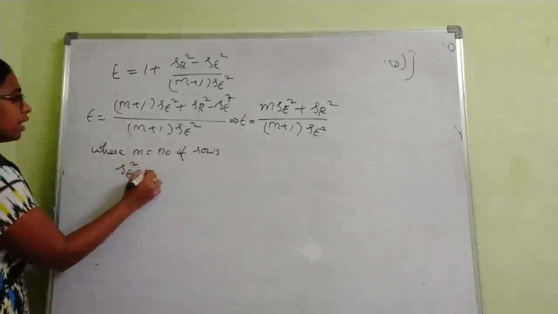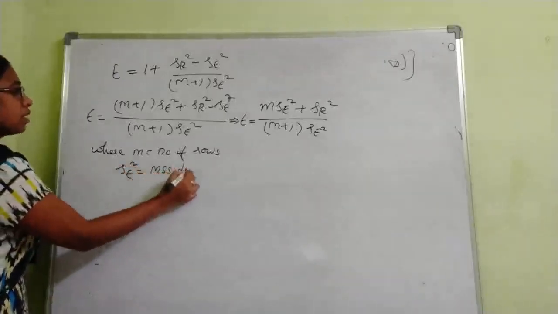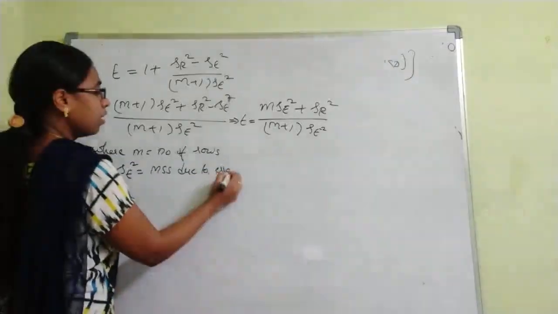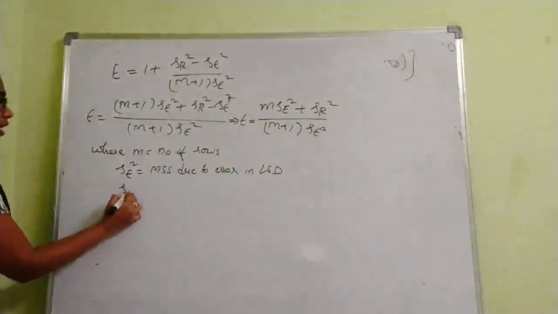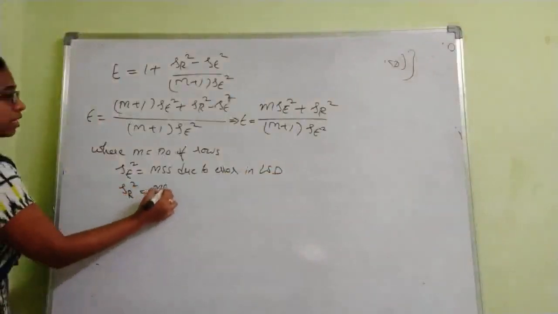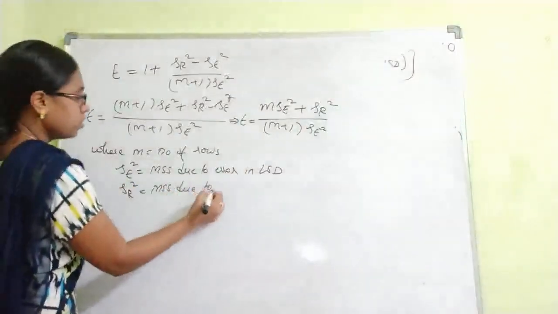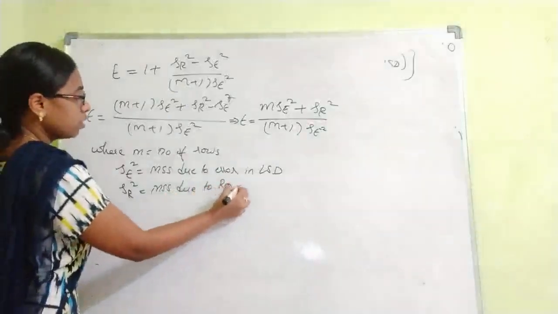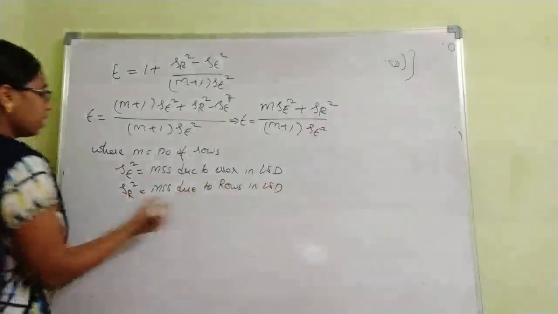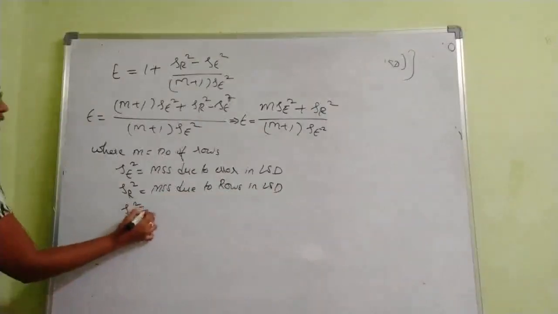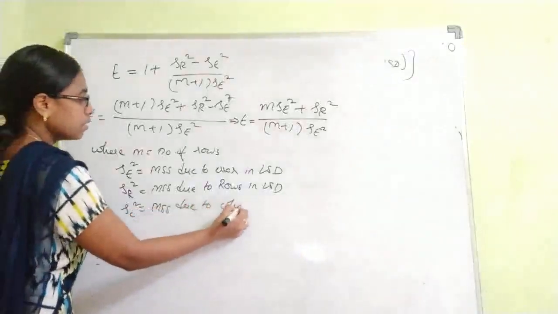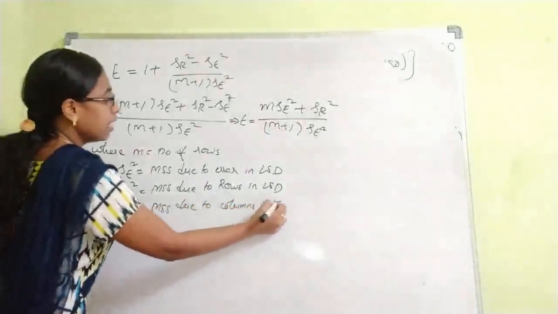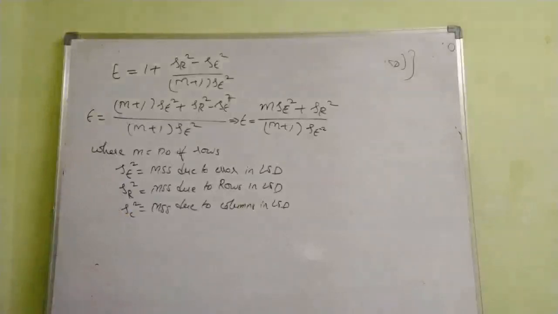Similarly, SE square is the mean sum of squares due to error in LSD. SR square is the mean sum of squares due to rows in LSD. And SC square is the mean sum of squares due to columns in LSD. In this way, we can find the efficiency of LSD over CRD.